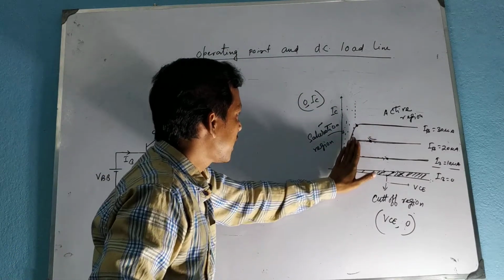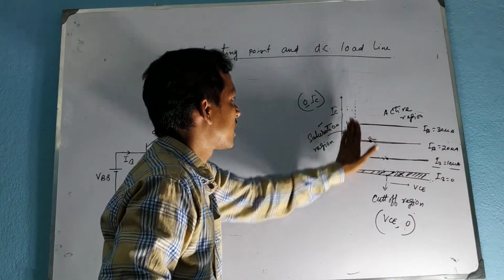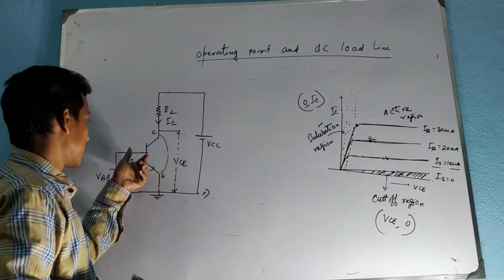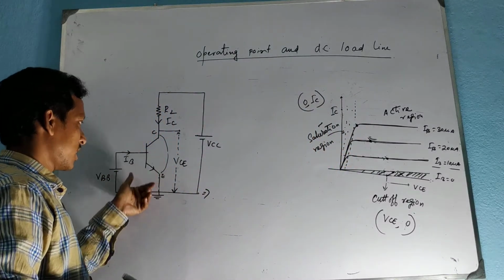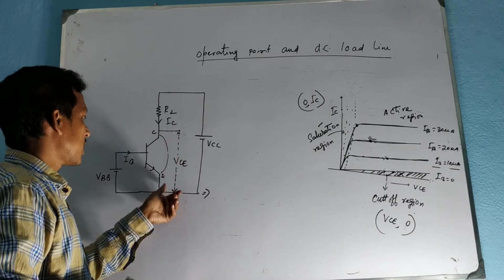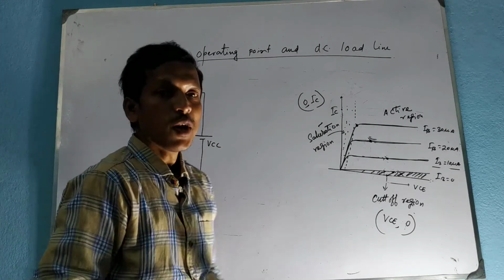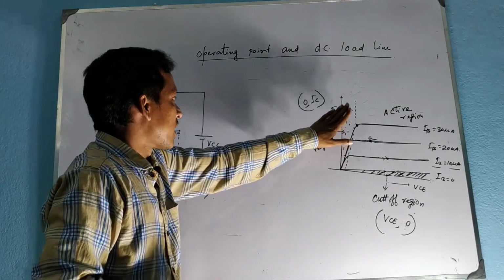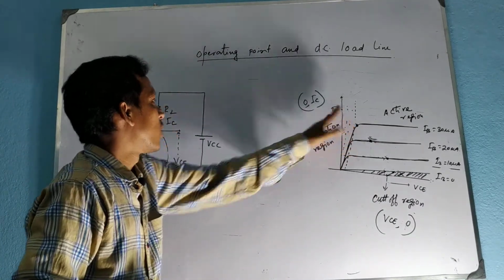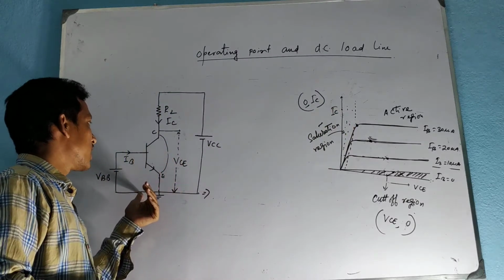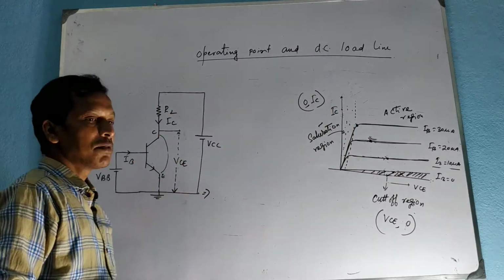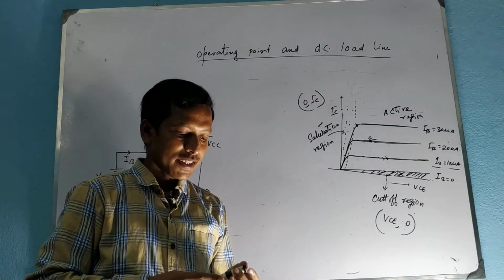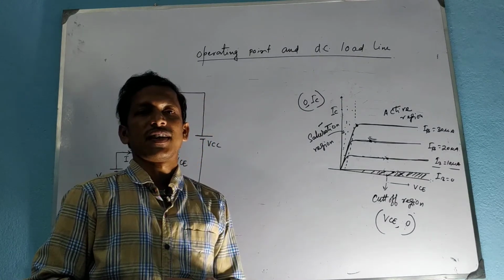The transistor acts in the saturation region when both junctions, the base to emitter junction, which is the input junction, and the collector to emitter junction, remain in the forward bias condition.